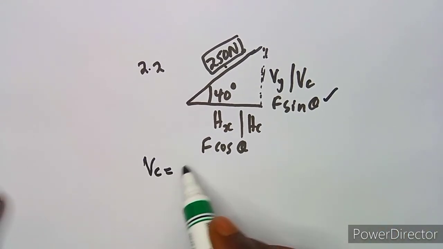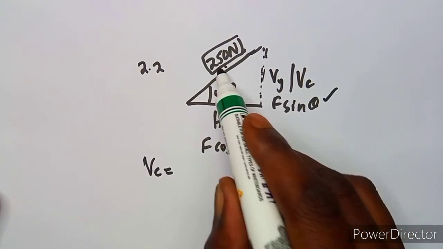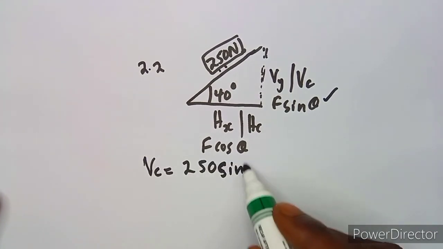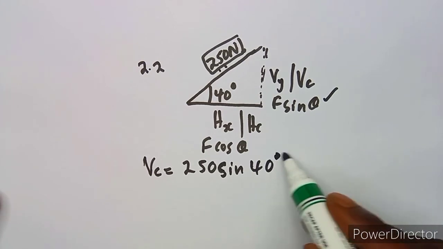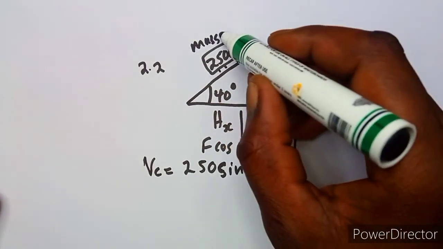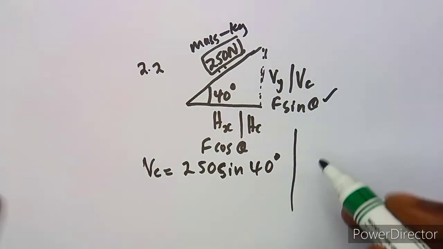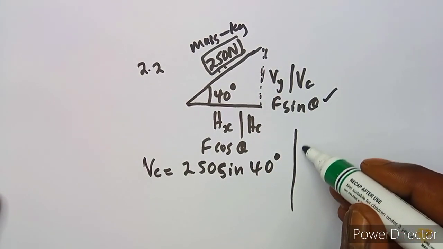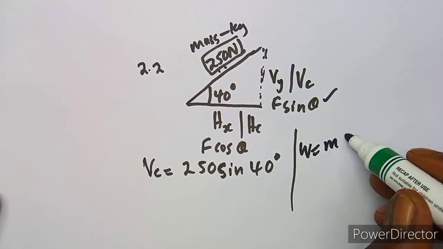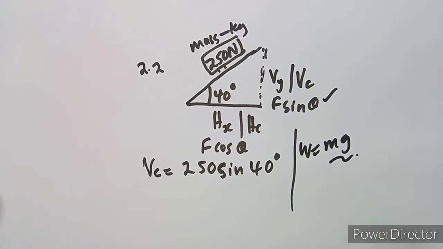So the vertical component is going to be the force, which is 250 sine 40 degrees. Take note, sometimes they might give you mass. If you are given mass in kgs, then you have to calculate the force, which is actually the weight, using mg.